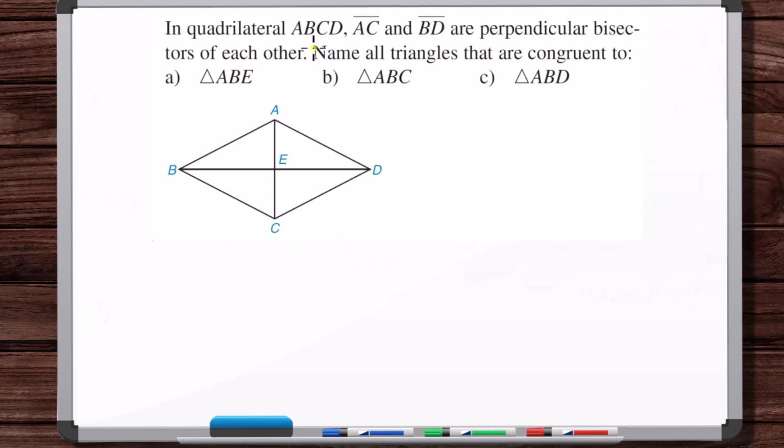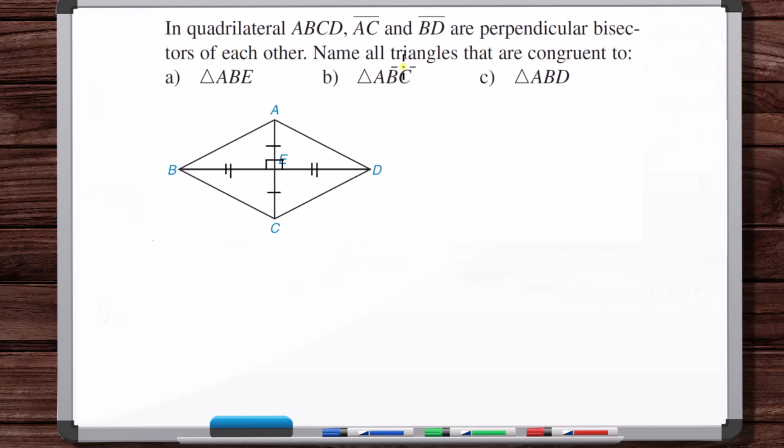In quadrilateral ABCD, segment AC and segment BD are perpendicular bisectors of each other. So these two are congruent, these two are congruent, and every angle here is a right angle.